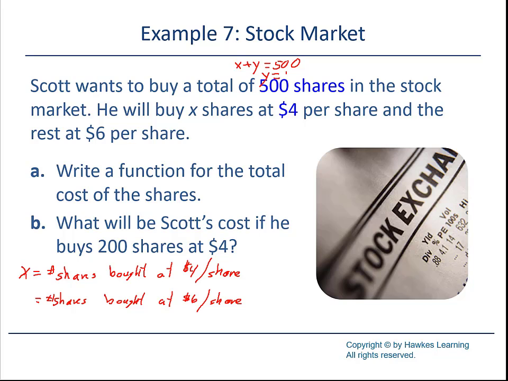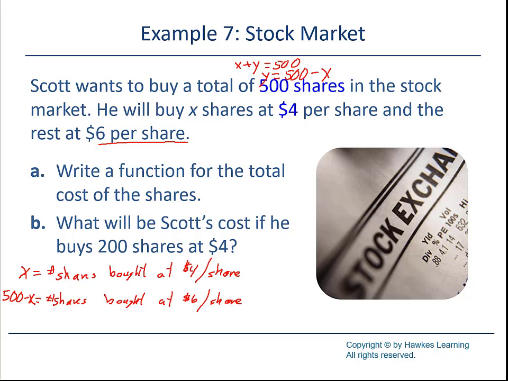Subtract x from both sides, and the y value is actually 500 minus x. That makes sense. He's buying 500 shares, x of them are at this price. If you subtract the number he got at $4 per share from the 500, that's how many he's buying at the $6 per share. So you could just straight away write 500 minus x as the number of shares at $6 per share.